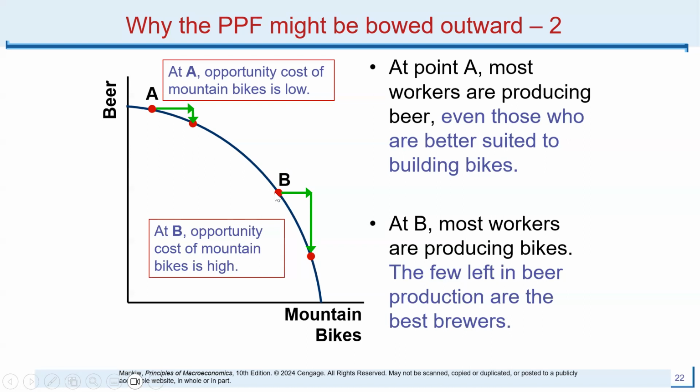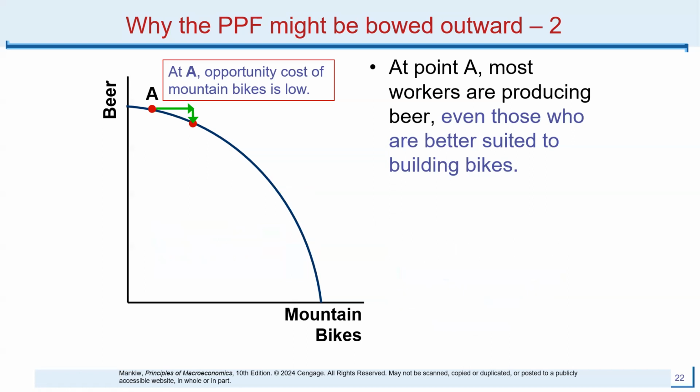So the opportunity cost of producing the mountain bike will be very high. You can see that the reduction of beer is of a larger magnitude compared with point A, but the increase of the production of mountain bikes is exactly the same, right? So the opportunity cost is getting higher and higher when the production of a certain good becomes larger.